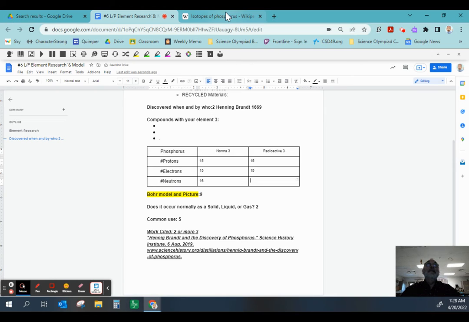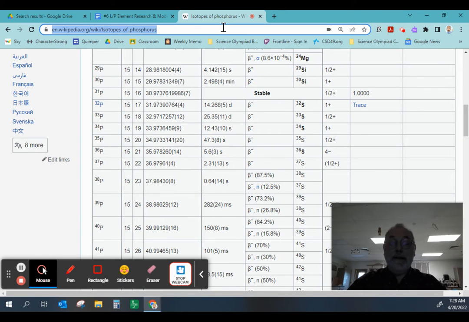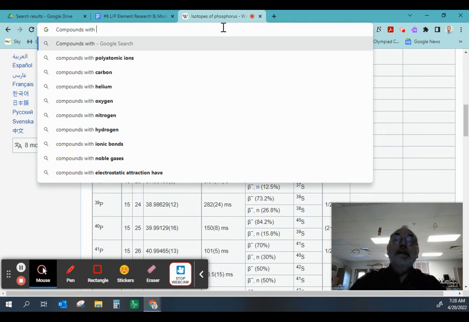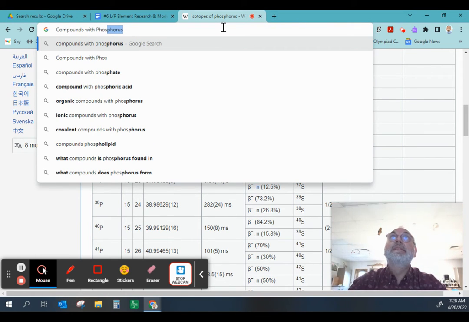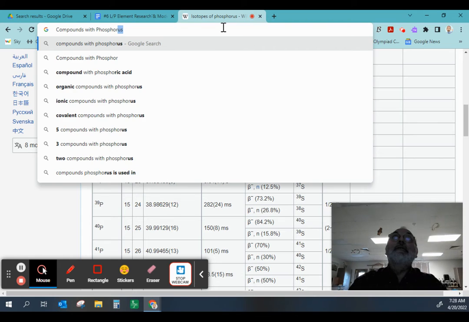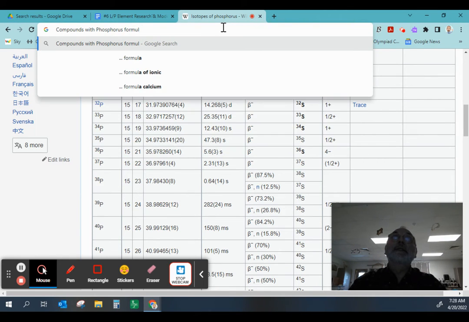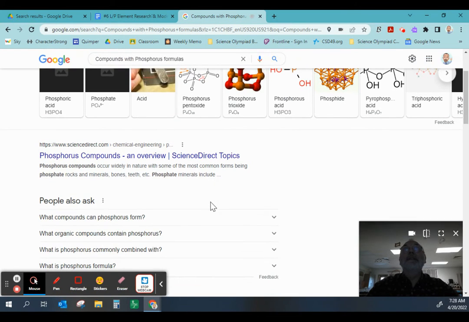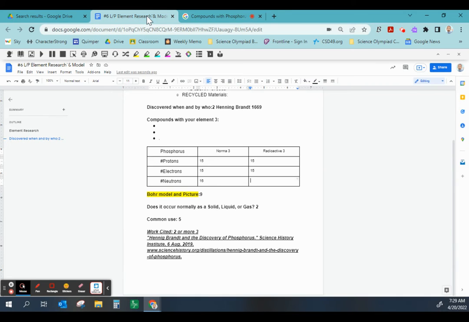Next thing is, now I want to find compounds with phosphorus, and I want the formulas. So this time you're going to need to make sure that you write the chemical formulas. So there's H3PO4, but those numbers need to be subscripted. So let's write that one in here.